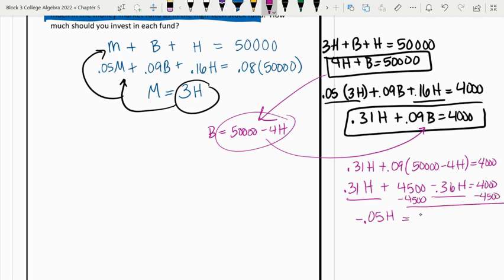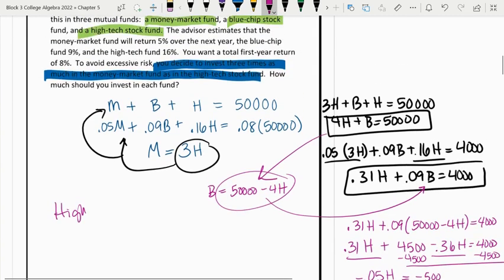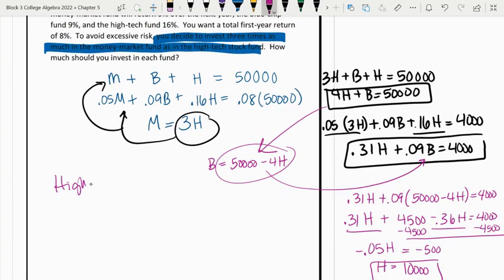So that's going to give me equals negative 5,000, negative 500. Divide, so H is negative 500 divided by 0.05. You get 10,000. So in the high stakes, high tech, it will be $10,000.